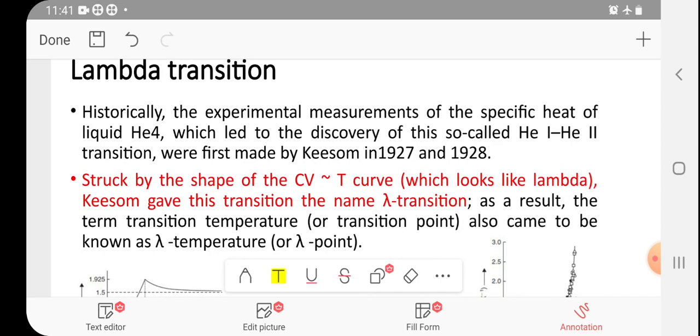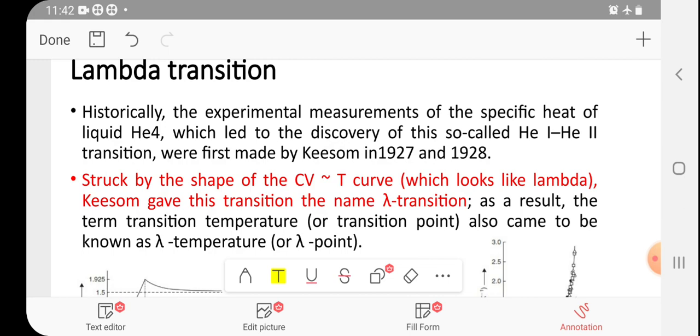Next is the lambda transition. I have already told you that there is a transition at 2.2 Kelvin, because above 2.2 Kelvin we call the liquid helium helium 1, and below 2.2 Kelvin we call it helium 2.